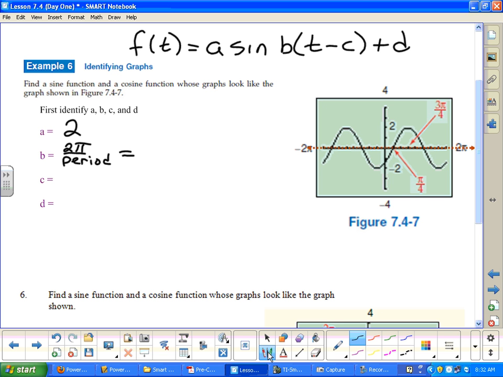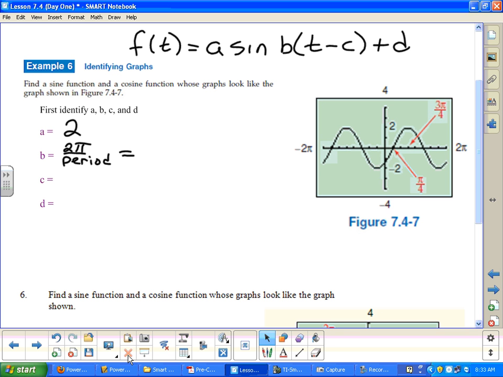Let's think of it this way. My whole window is from negative 2 pi to 2 pi. How many times does it repeat itself in that? Twice, right? So the period here would be 2 pi.